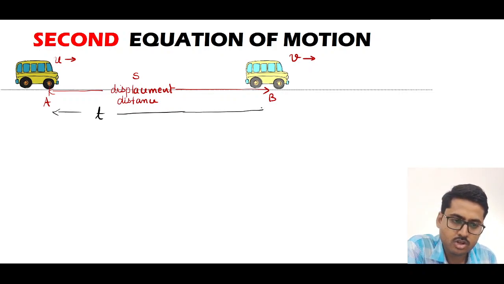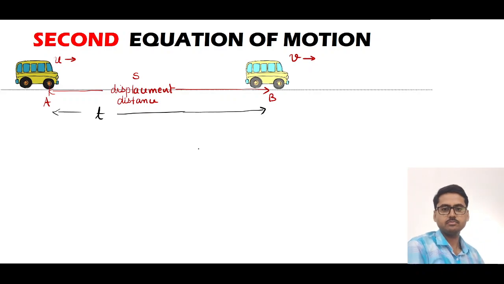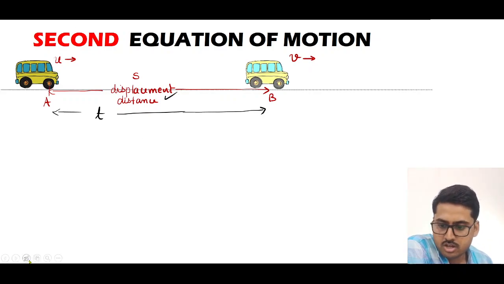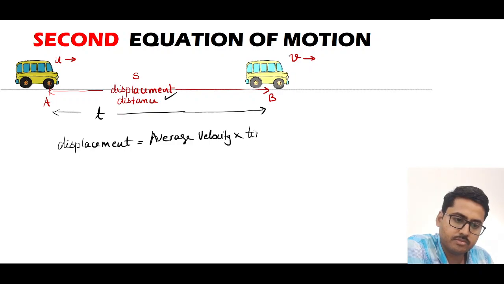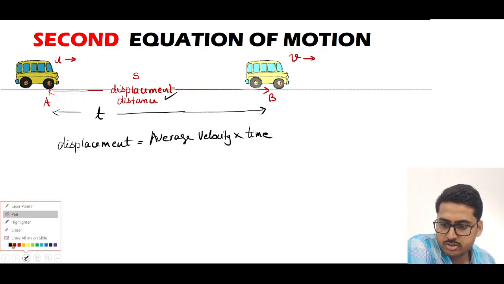Okay, so how can we derive the formula for displacement? The formula for displacement, as you have already seen, is displacement equals average velocity into time.